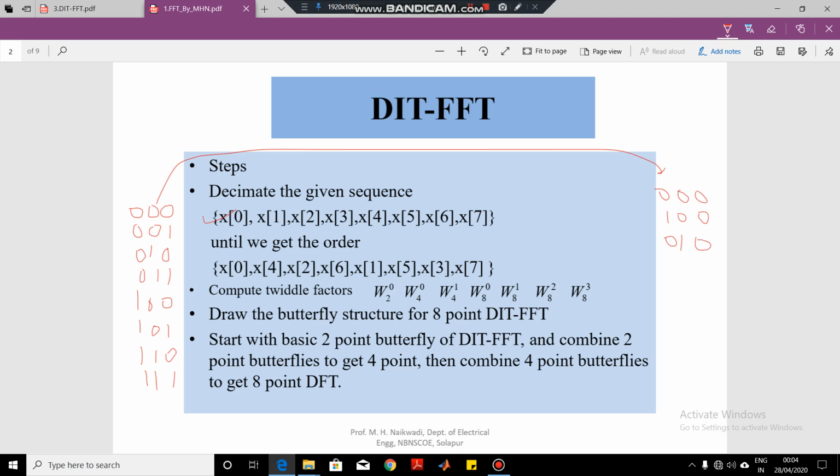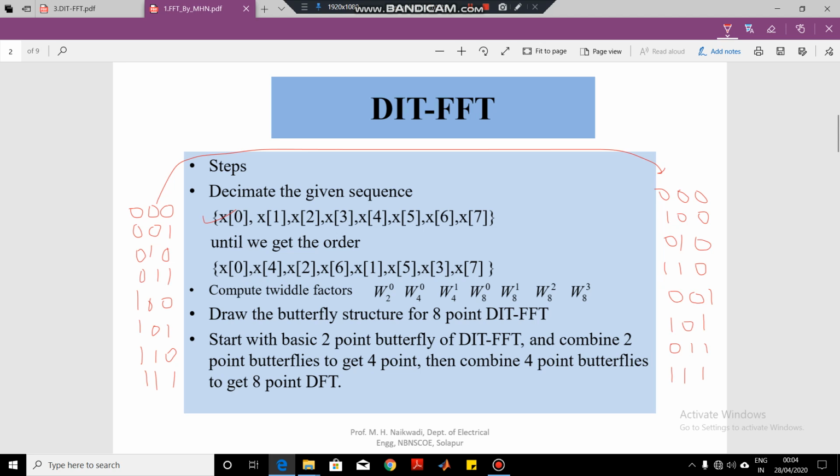We are having 011, so this bit reversed order will be 110. Here we are having 100, so this will be 001. 101 will be the same. 110 will become 011. And finally we are having 111, which is again the same.